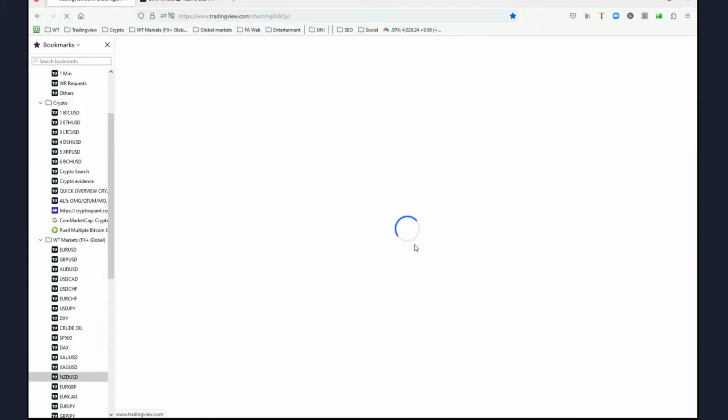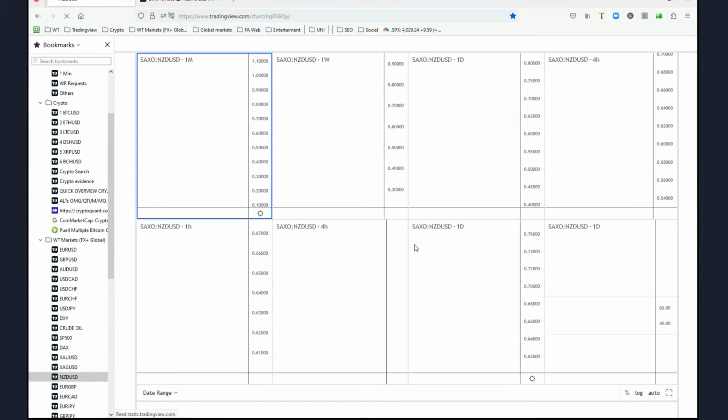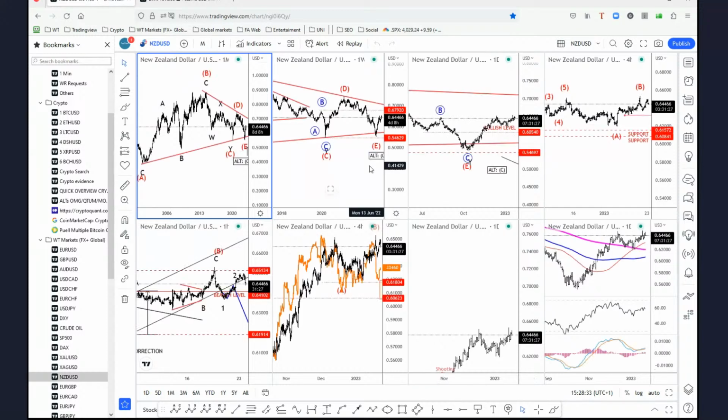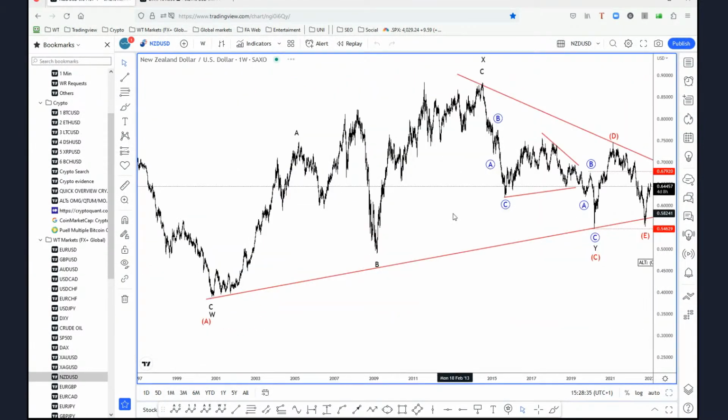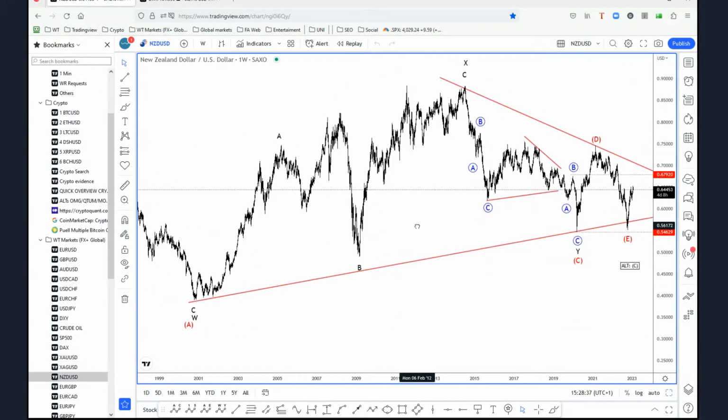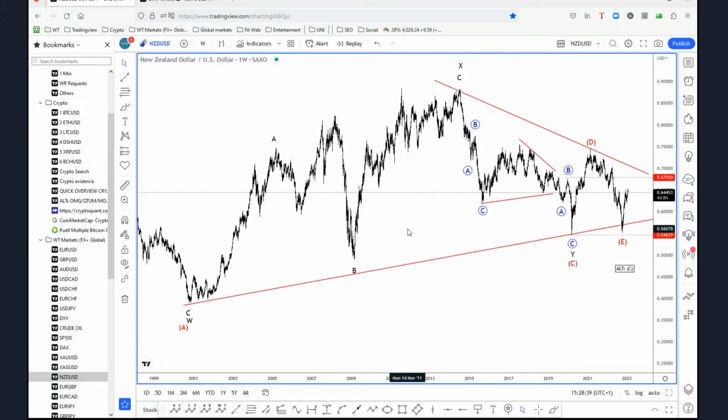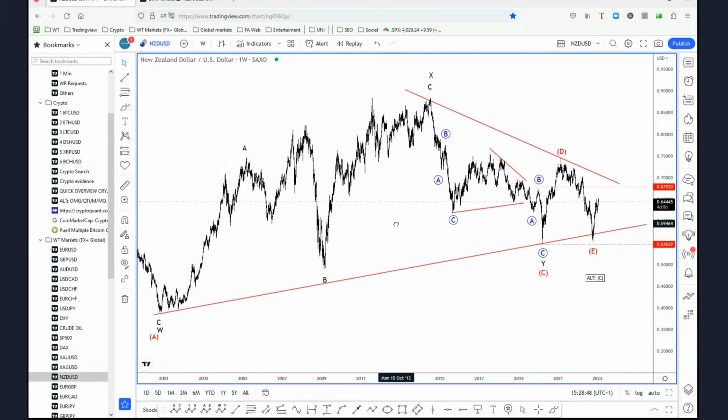New Zealand dollar here is still trapped in a very big triangle. But again, I don't want to predict any kind of very important leg in any market. I'm trying to be more realistic rather than calling for any major breakout.